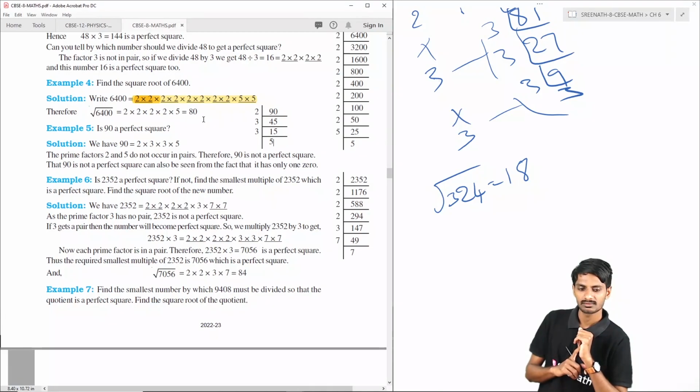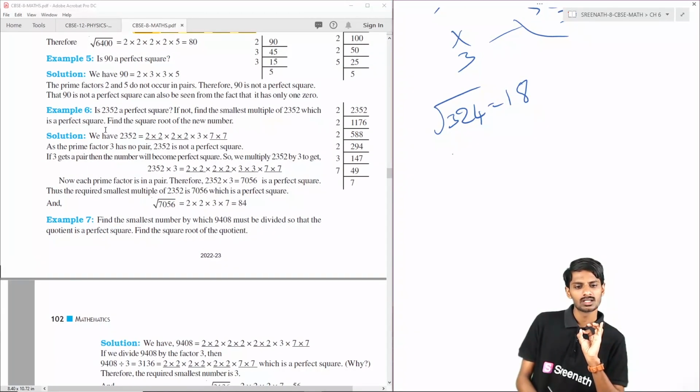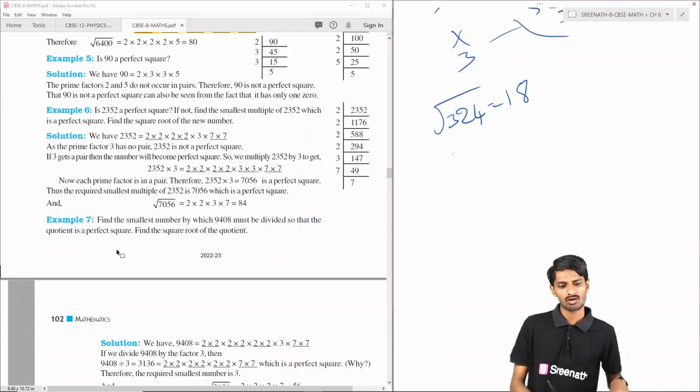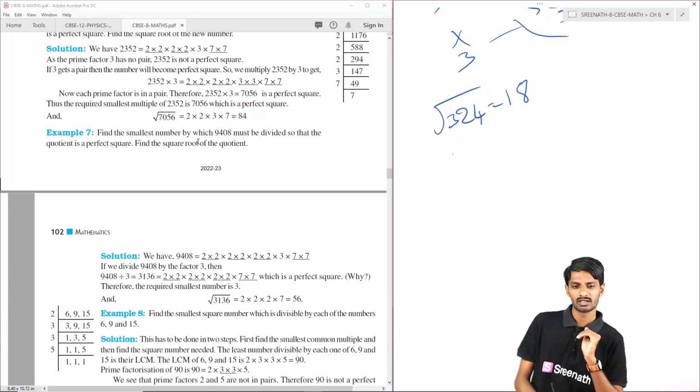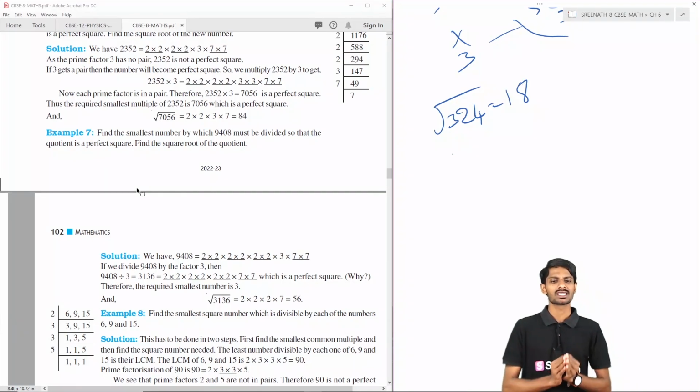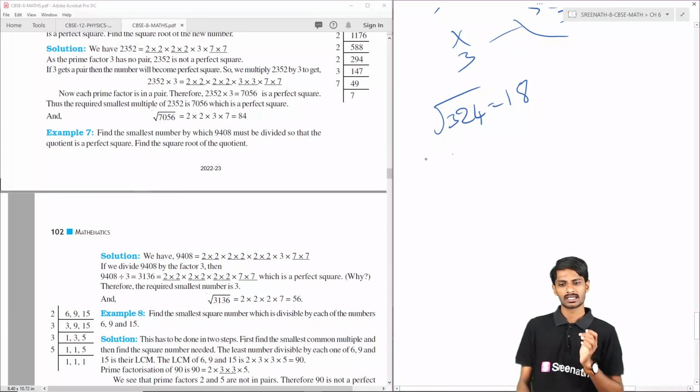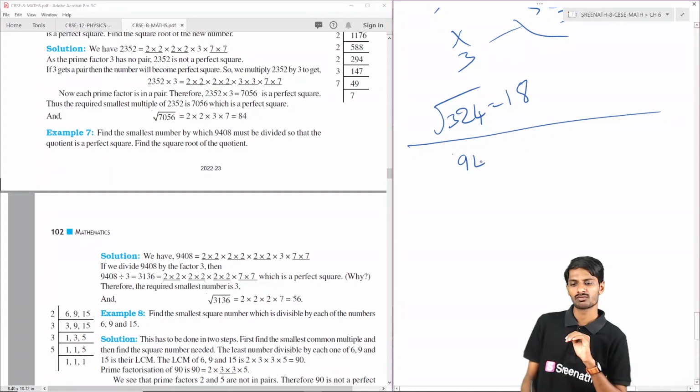Can you understand it? So now we will find out. We have completed this and we will target this. Find the smallest number by which 9408 must be divided so that the quotient is a perfect square. So first, students, there is a number, 9408.